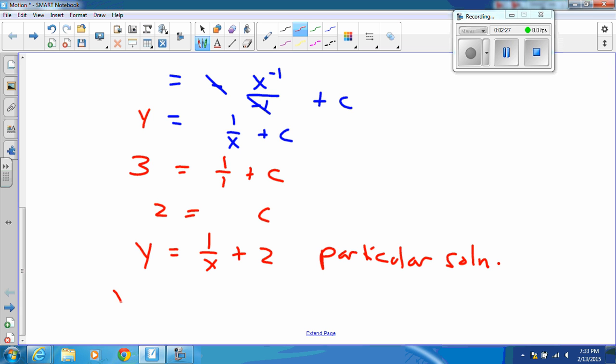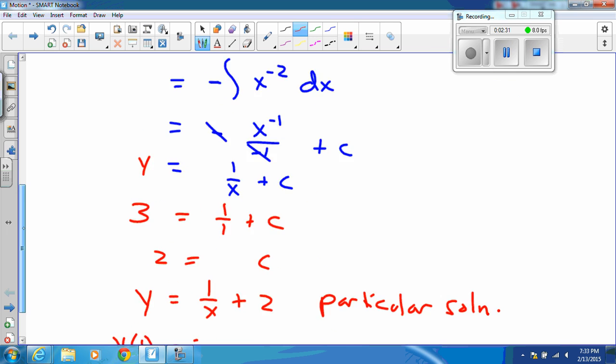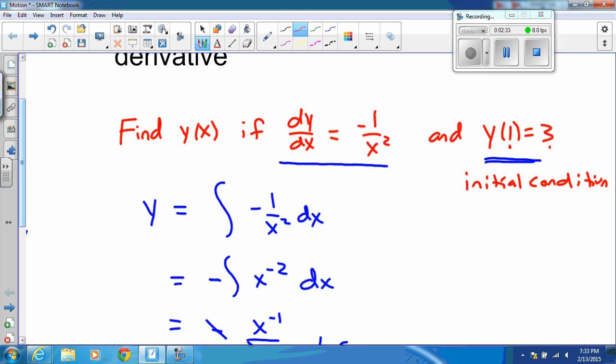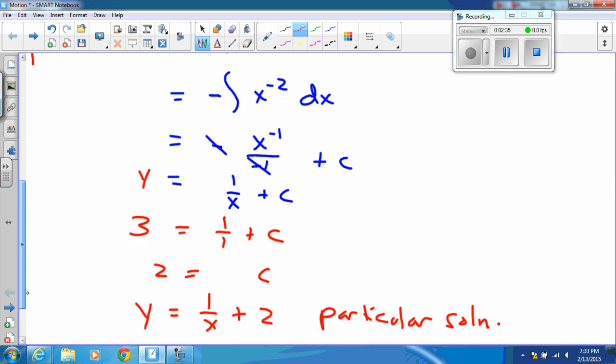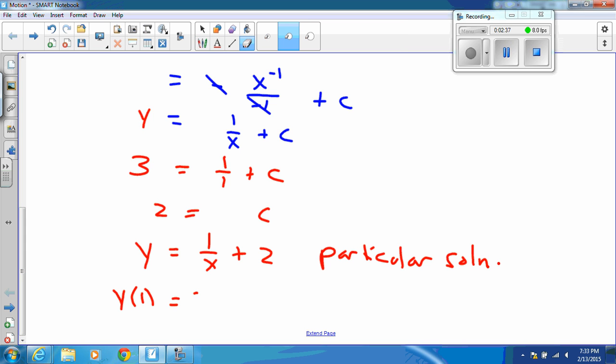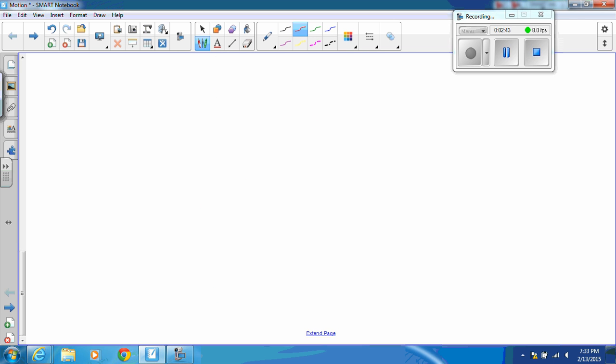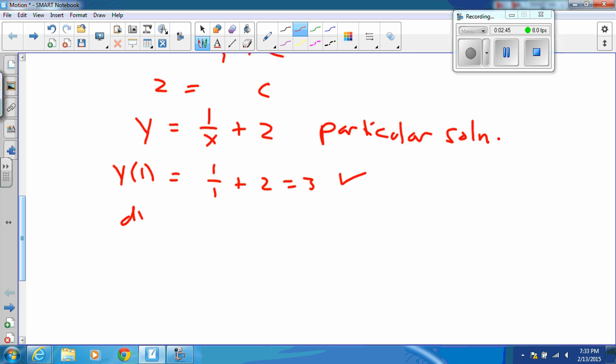How would I check this? Well, I would check to make sure that it has the right value at x equals 1. So when I plug in x equals 1, I should get 3. Let's check that. 1 over 1 plus 2 equals 3. Check. And also y prime, or dy/dx, should give me the correct result.